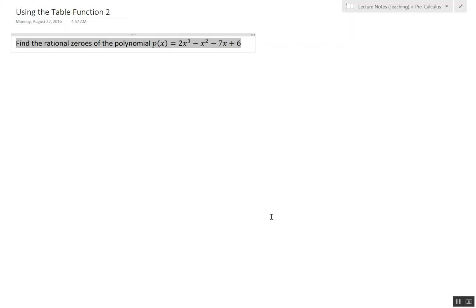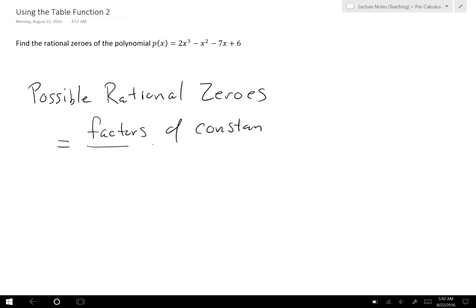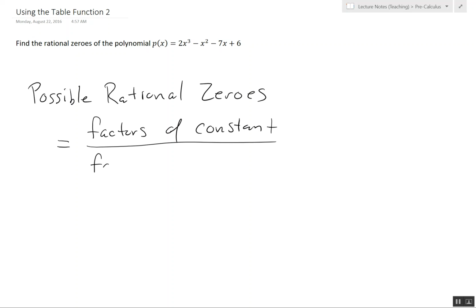So remember that the possible rational zeros are given as follows. These are going to be the factors of the constant over factors of the leading coefficient, which I'm just going to abbreviate LC for short.